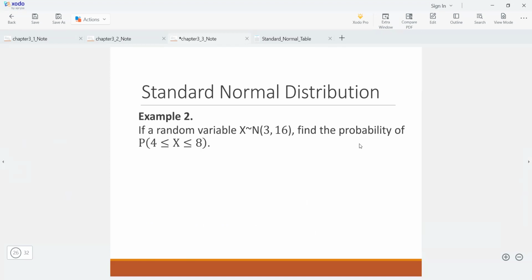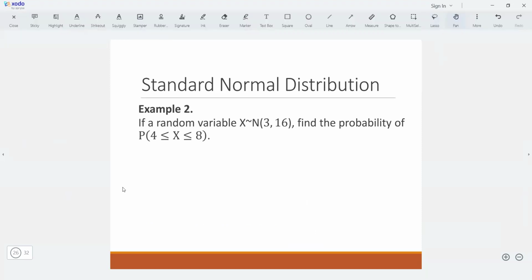So here is the example. We have a random variable X that follows a normal distribution with mean 3 and variance 16.